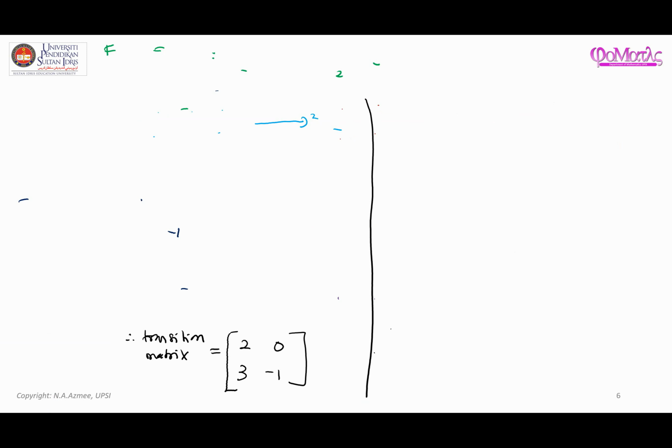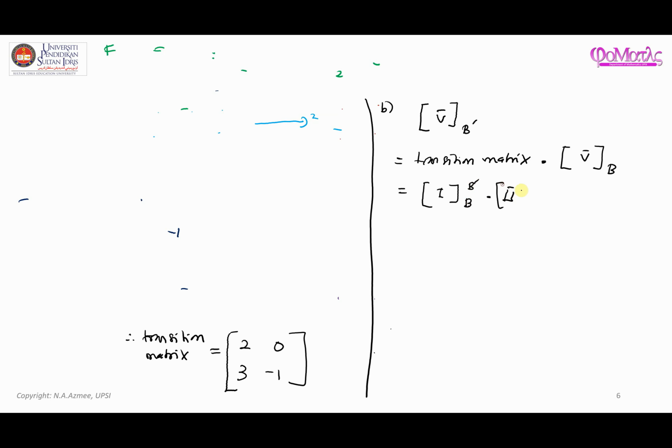Since we have the transition matrix, we can find the coordinate vector relative to the new basis, and that is equal to the transition matrix multiplied with the coordinate vector from the old basis. The transition matrix will give you the coordinate vector relative to the new one. Transition matrix is sometimes denoted by this symbol, from B to B prime, times vector B.